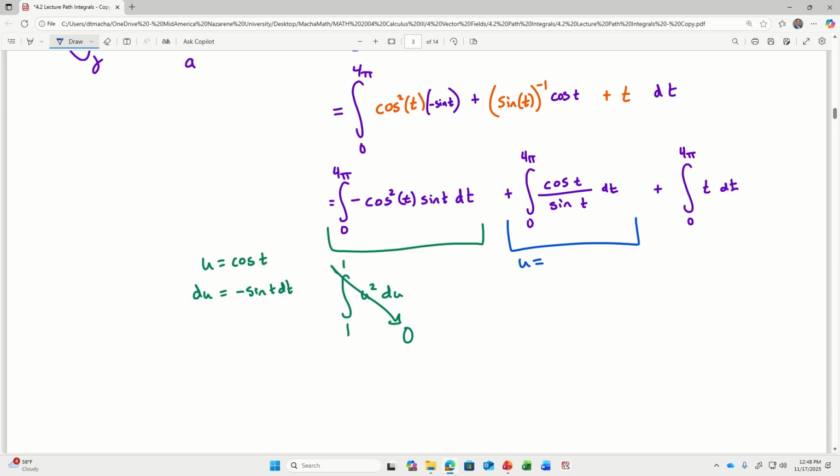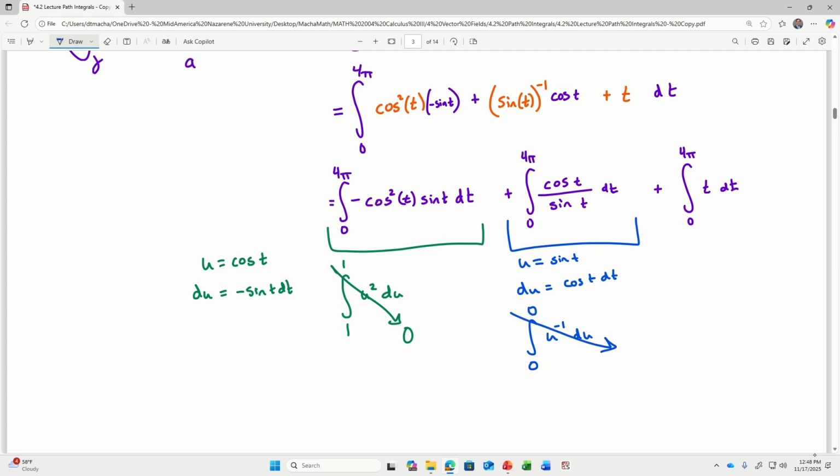What's my u sub for cosine over sine? U is sine. And then du would be cosine of t dt. So this is the integral of 1 over u du. The lower bound is sine of 0, and the upper bound is sine of 4 pi.